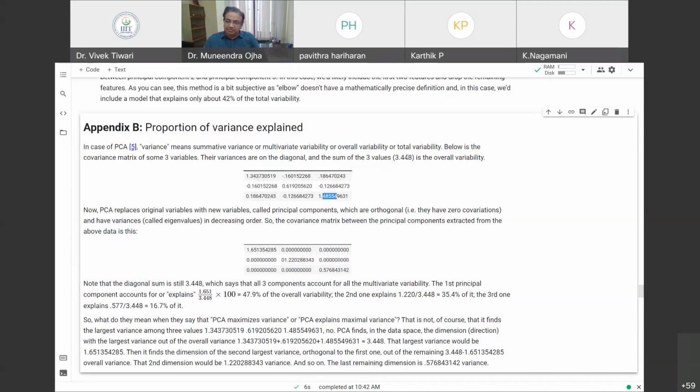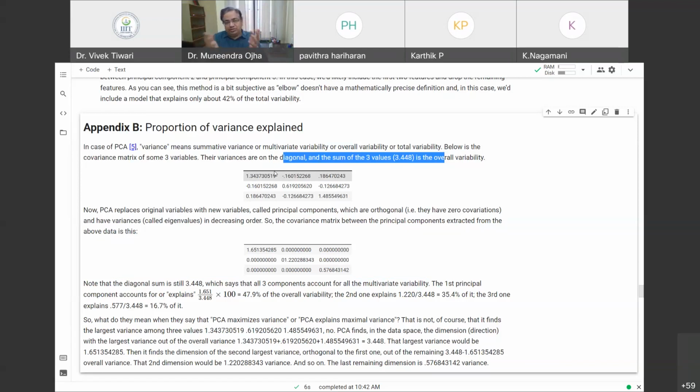The same 3.448 is obtained from the principal component covariance matrix, which says that all three components account for all the multivariate variability. Whatever the multivariate variability of the original data, it is preserved by the three principal components, because there were three features in the original data and there are three features in the transformed data.